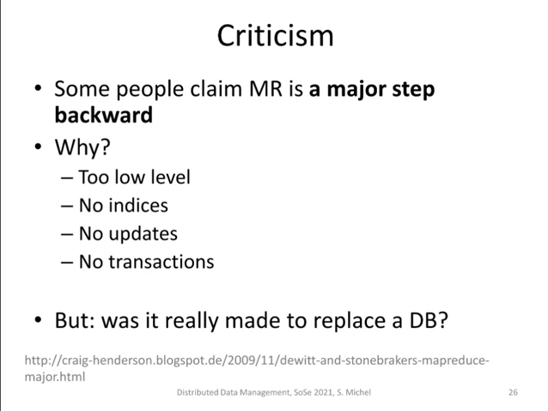But in the end, these criticisms are fair, but it was never the aim of MapReduce, when it was proposed by Google, to replace a database system, right? So it's a different aim, of course. It's just that people wanted to have the benefits of a database system also for the scalable processing of MapReduce, which led to these criticisms.